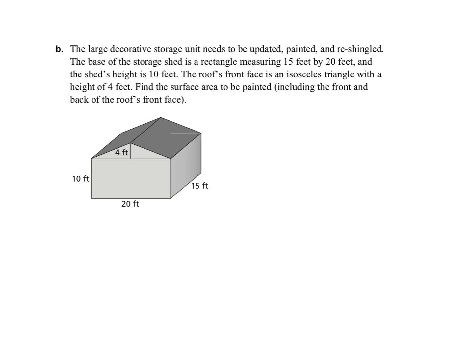Find the surface area to be painted, including the front and back of the roof's front face. So on this, you're going to need to find the area of both sides, both ends, and both roof faces. You're going to use the area formulas for rectangles and triangles and find the sum of that.